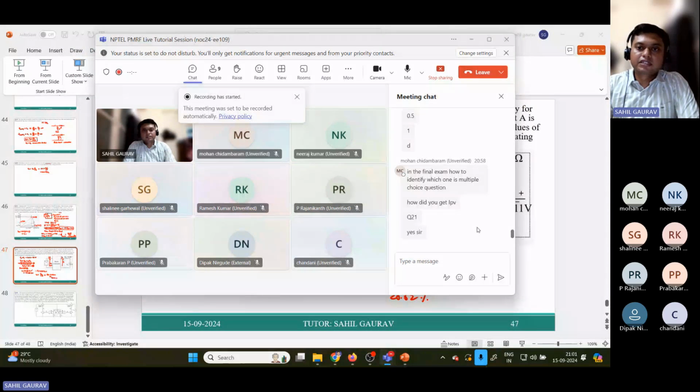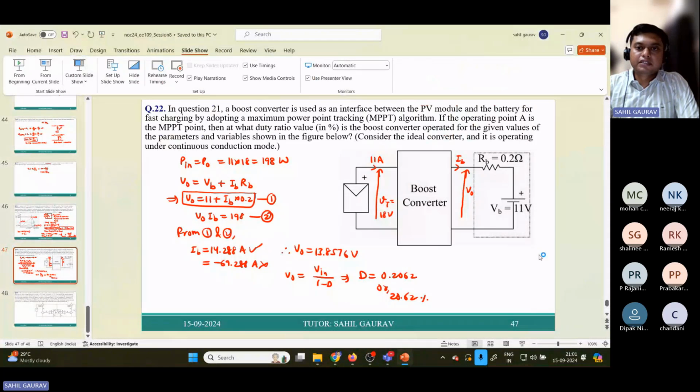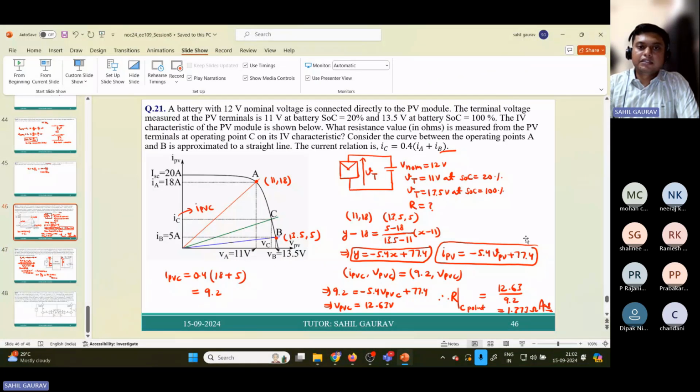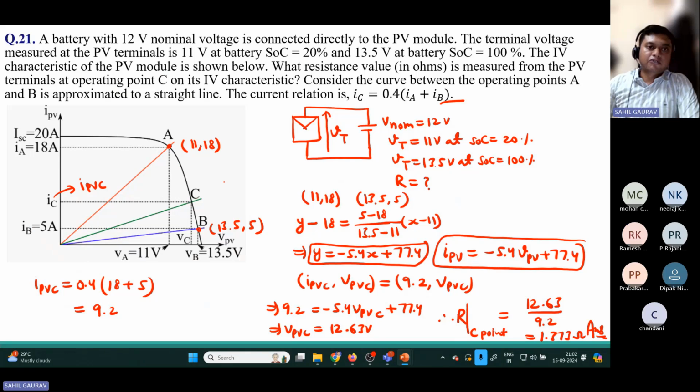Chidambaram, it is okay. How to get IPV? It is quite easy. In this problem, it is given that this equation is a straight line. So if you know the equation of a straight line and this one point corresponding to C, you will also know. So this point you also know. Means IC you are knowing because it is coming from this equation.